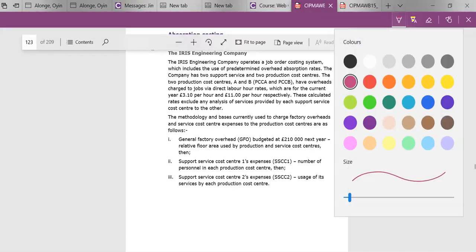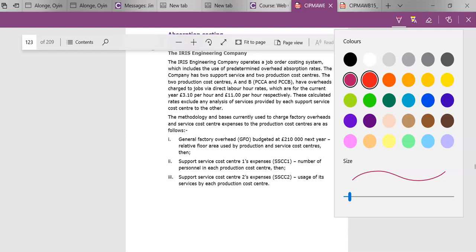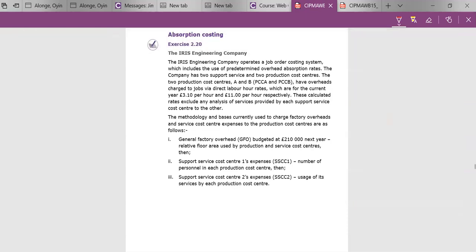This question is a good question in terms of trying to revise very carefully this issue of absorption. So the first issue here, in simple terms, if you just take it step by step, is that typically we have departments, for example A, B, C, and D. You have production departments where they're actually making real units, and we have certain departments where no units are made.